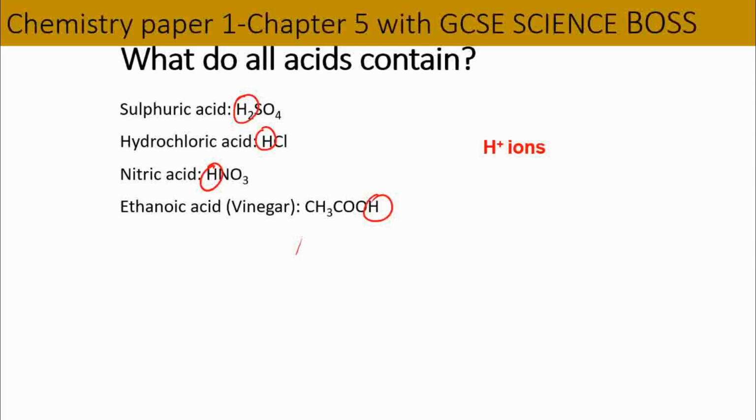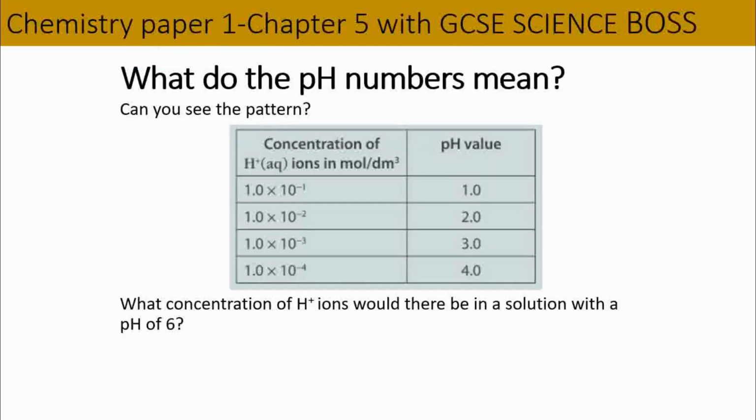So all acids contain your hydrogen ion. So pH really just means the power of hydrogen. Now have a look here at the pH value as you move from 1, 2, 3, 4, and so forth. What do you notice is happening to the amount of hydrogen ion concentration?